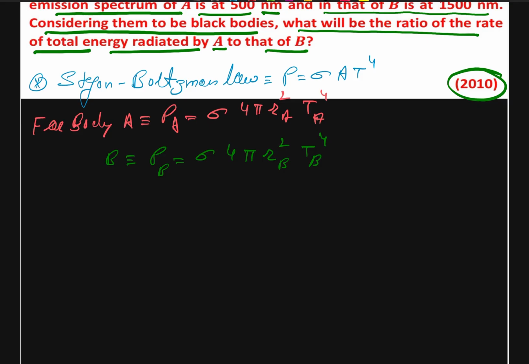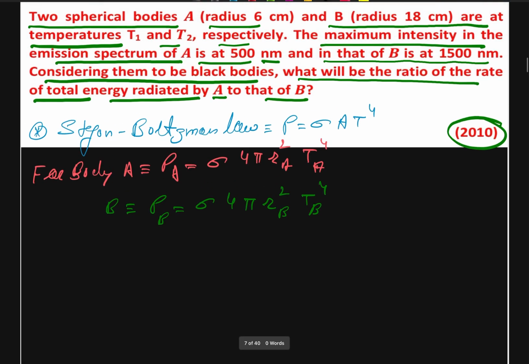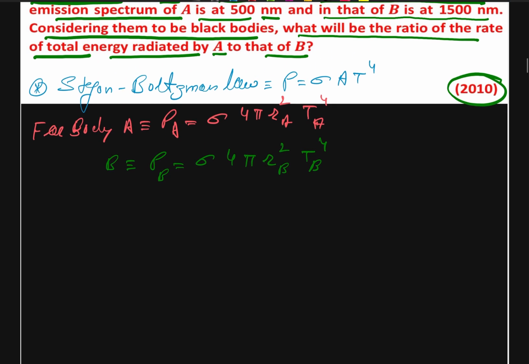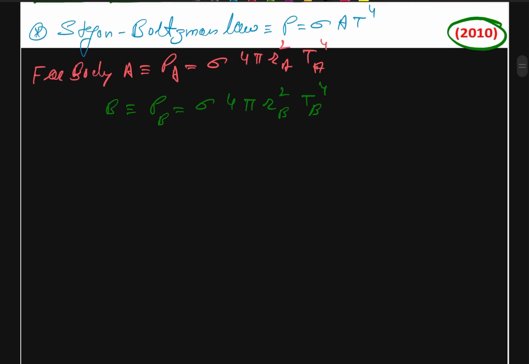Because temperature is not given to us, let me first find out the ratio, then we can deal with the temperature part also. So we can say P_A upon P_B will be equal to sigma 4 pi R_A square T_A^4 upon sigma 4 pi R_B square T_B^4.